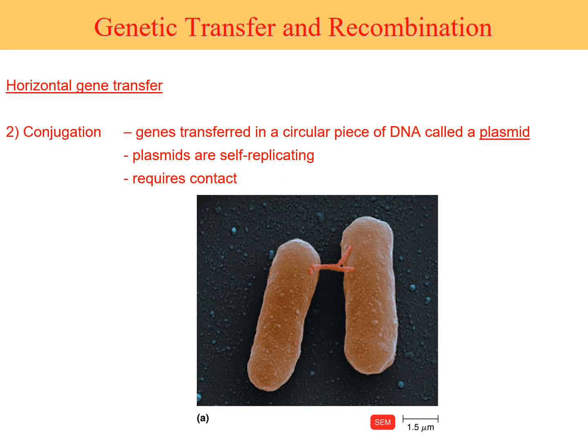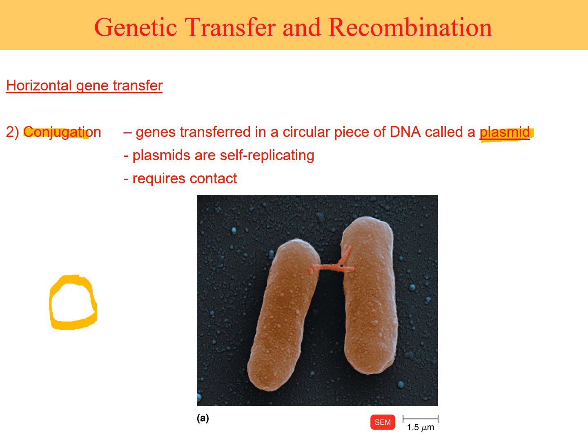Now, another type of horizontal gene transfer is called conjugation, and this is different. In this case, bacteria do not only contain a single, double-stranded circular chromosome, but they also quite often contain small circular pieces of double-stranded DNA called plasmids.